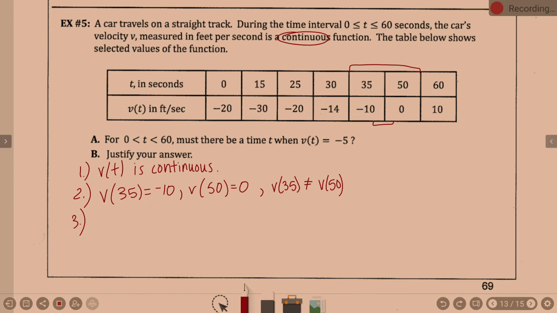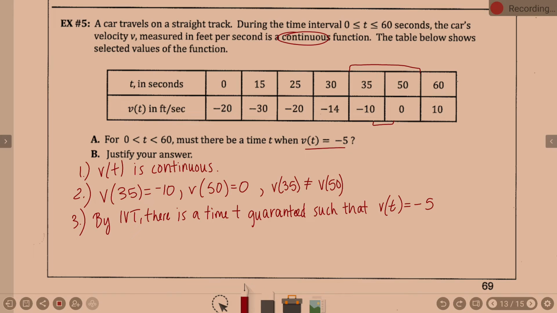Okay, so by IVT, there is a time t guaranteed such that v of t equals negative 5 on the interval where t is between 35 and 50.